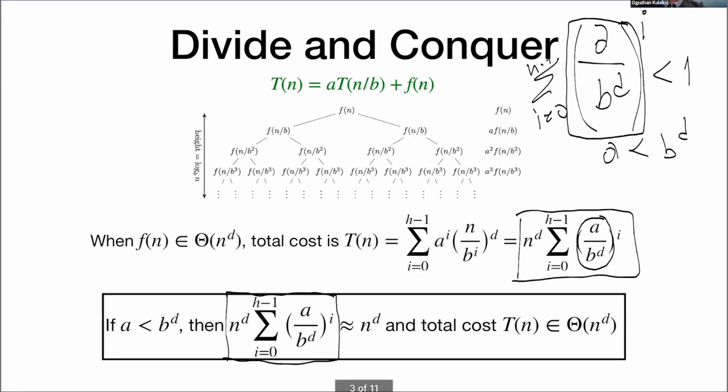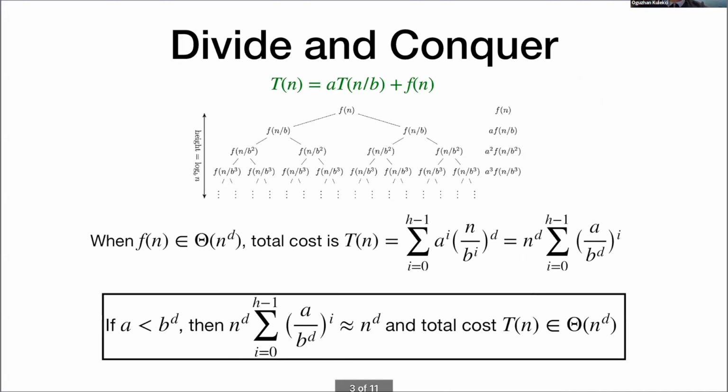This will have no contribution. So this will be some small constant, maybe less than 1. So the total cost of my recursion when a is less than b to the power of d is theta n to the power of d.